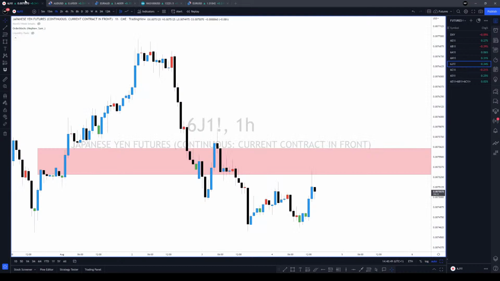Let's go and check the yen. Today is the 4th. Maybe today might end up being an inside candle, and then tomorrow they might rally, take out the high, and then drop.